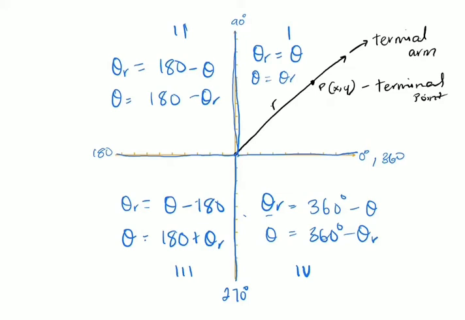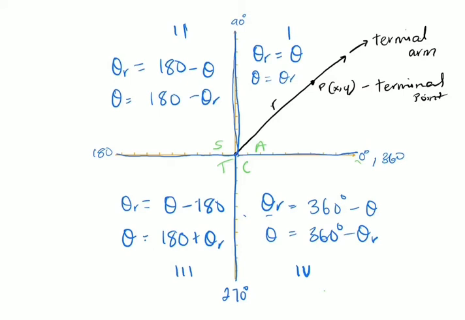Another thing we have to remember is our C.A.S.T rule. Our C.A.S.T tells us where cos, sine, tan, or all of them are positive. This is how you write your C.A.S.T: you don't start from quadrant 1, you start from quadrant 4. So it's C.A.S.T, and your C starts from quadrant 4.